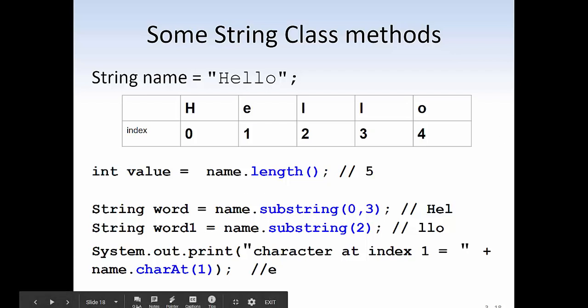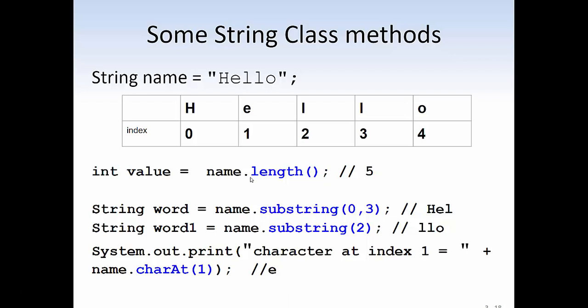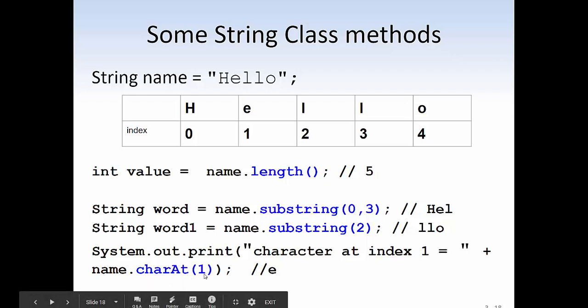This last example is going to return a character at that index. So in this case, we want to return the character that's at index 1. And we do that with charAt and then pass it the index. This does return a character. You could accomplish this same task by using substring.